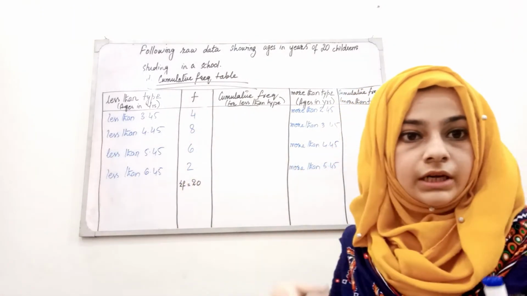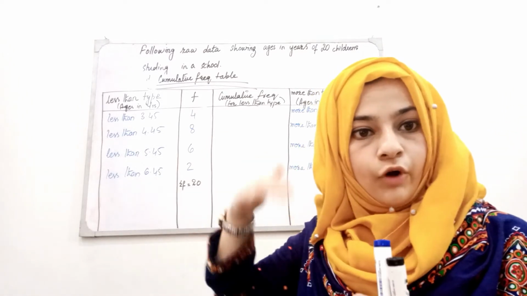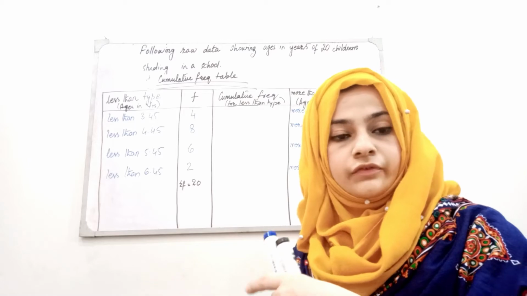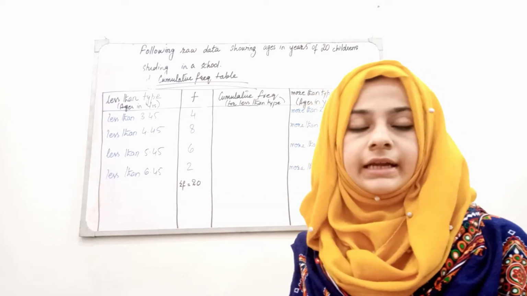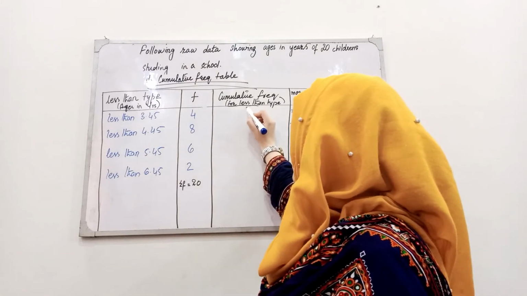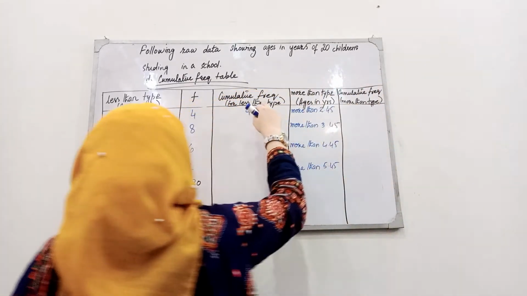How will we calculate the cumulative frequency? By following the class into the next class, adding that, then the cumulative frequency into the next class, adding that, and into the next class. So 4 is the cumulative frequency.